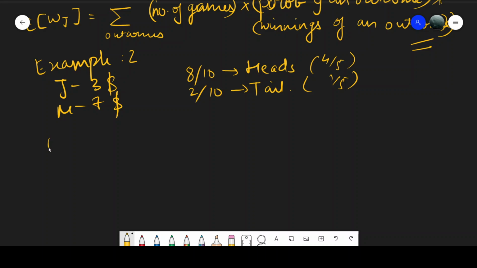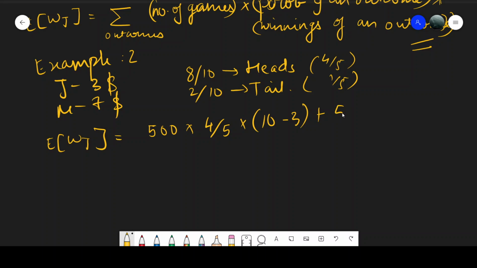So now what will be the expected winning of John? Applying the same formula, I can write the number of games, which is again 500, into the probability of the outcome. The probability of a head turning up is 4 by 5, into the winnings of an outcome. The winnings here will be 10 minus 3, because he's going to get back $10 if he wins, including the initial investment, which is 3.